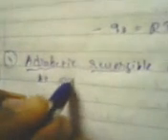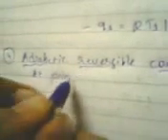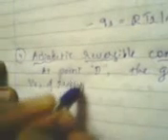Okay. At point D, the gas has volume V4 and pressure P4.